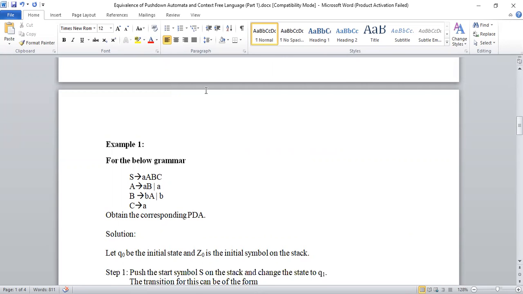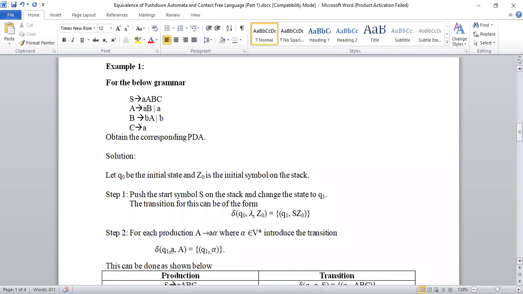First we have to check that the grammar is already in CNF form, that is S to small a alpha, where alpha belongs to variable closures. Now the first state Q0 is the initial state and Z0 is the initial symbol on the stack. Here the start symbol is S, so push the start symbol onto the stack and change the state to Q1.